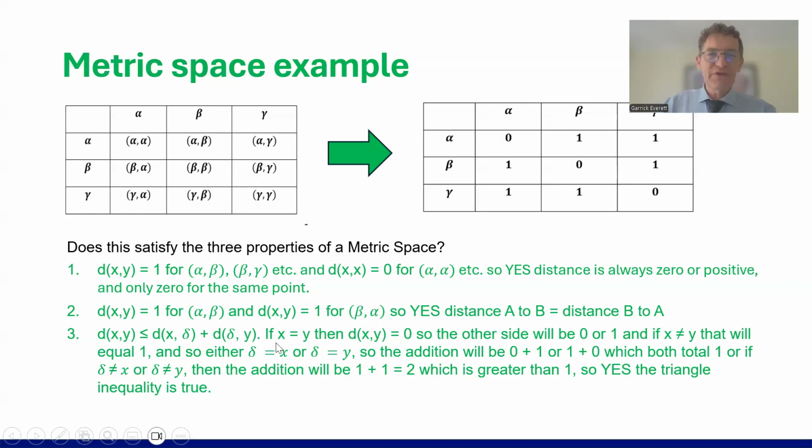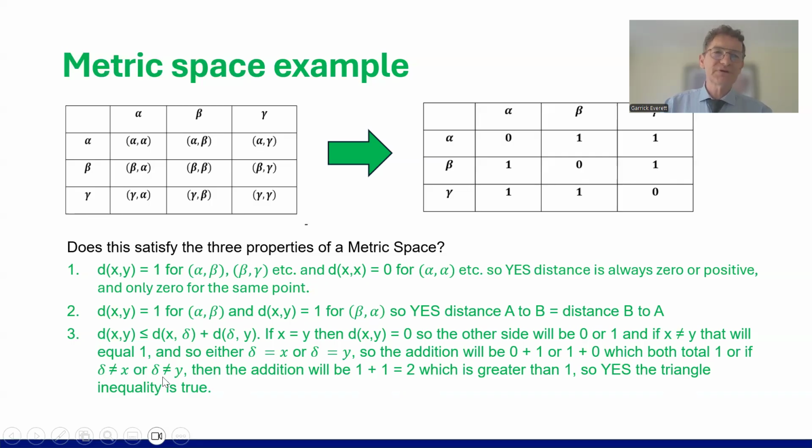So here we go. If x equals y, then distance of xy is 0. So the other side will be 0 or 1. And if x is not equal to y, that will equal 1. So either delta equals x or delta equals y. So the addition will be 0 plus 1 or 1 plus 0, which both total 1. So that's true. We've got that one. Now, if delta doesn't equal x or delta doesn't equal y, then the addition will be 1 plus 1 equals 2.